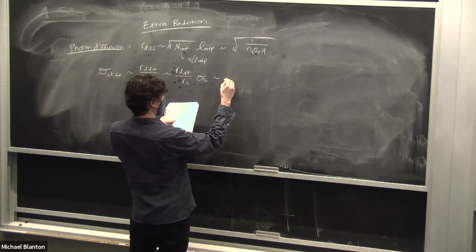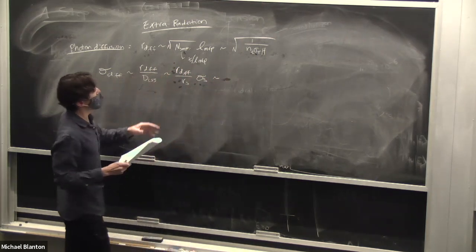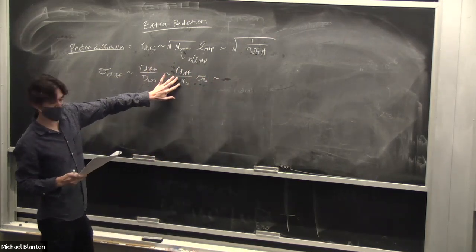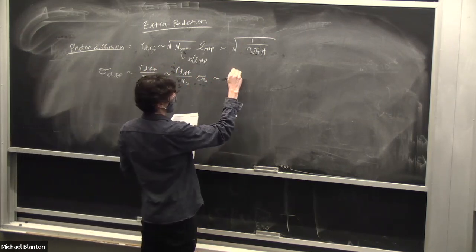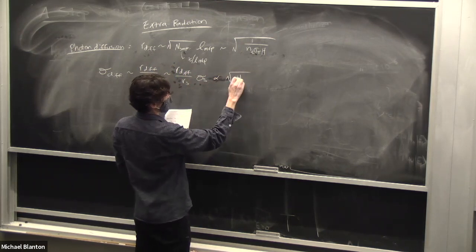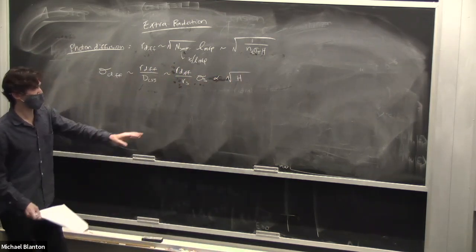The diffusion length scales like 1 over square root of Hubble at early times. The sound horizon scales like 1 over Hubble at early times. So this thing roughly just scales like the square root of Hubble for a fixed value of the sound horizon.